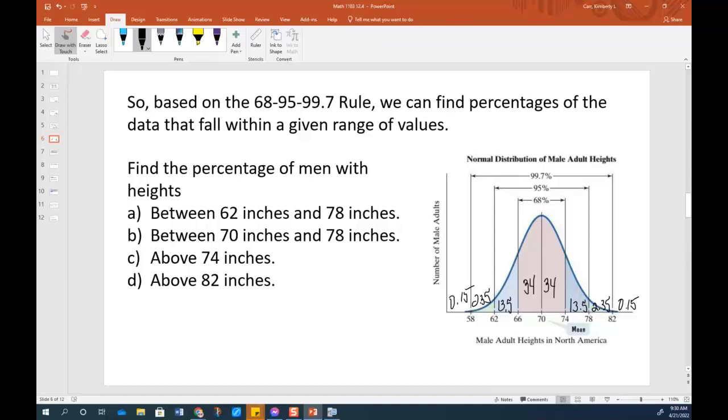So now, if I want to know the percentage of men whose heights fall between 62 and 78, I can go over here and say, well, 62 starts here, 78 goes all the way to right here, and those are labeled underneath. So between that, that's 95%.